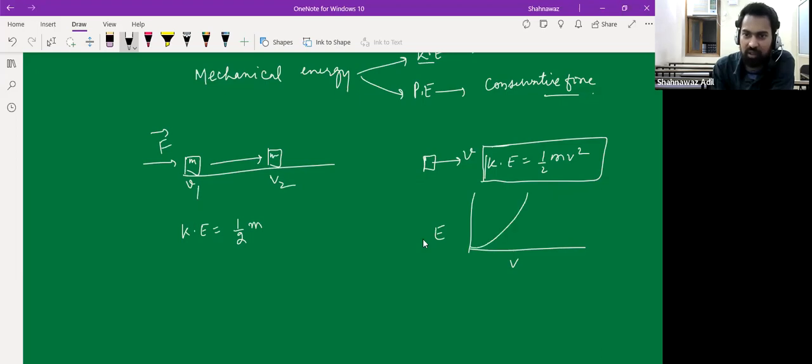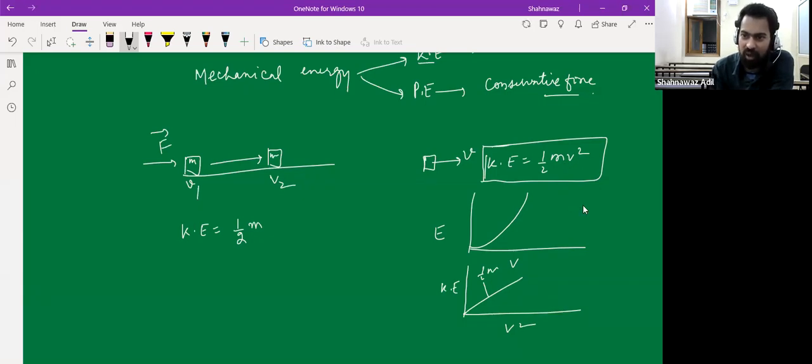You measure the velocity, and the slope comes out to be half m. So let's say you plot v square here, and the slope comes out half m. So this is the kinetic energy. This comes from the experiment.